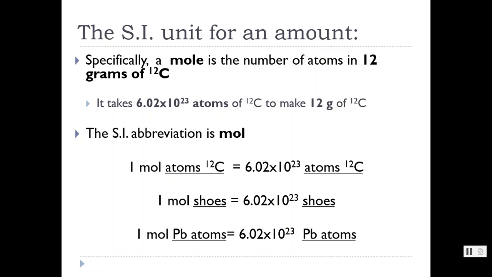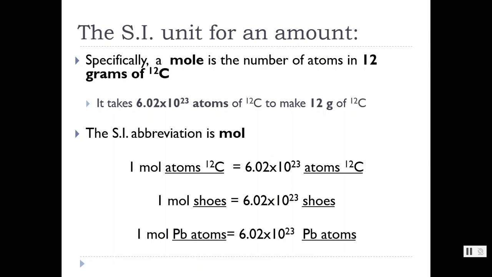So in the previous video, we introduced this new unit called the mole. And chemists love using this unit to talk about things that chemists like to count, mainly things that are atoms, molecules, or ions.